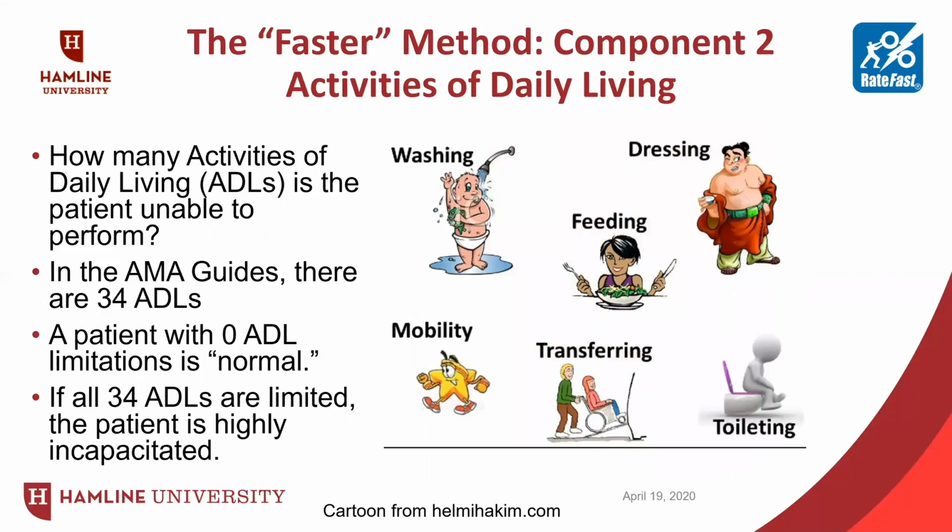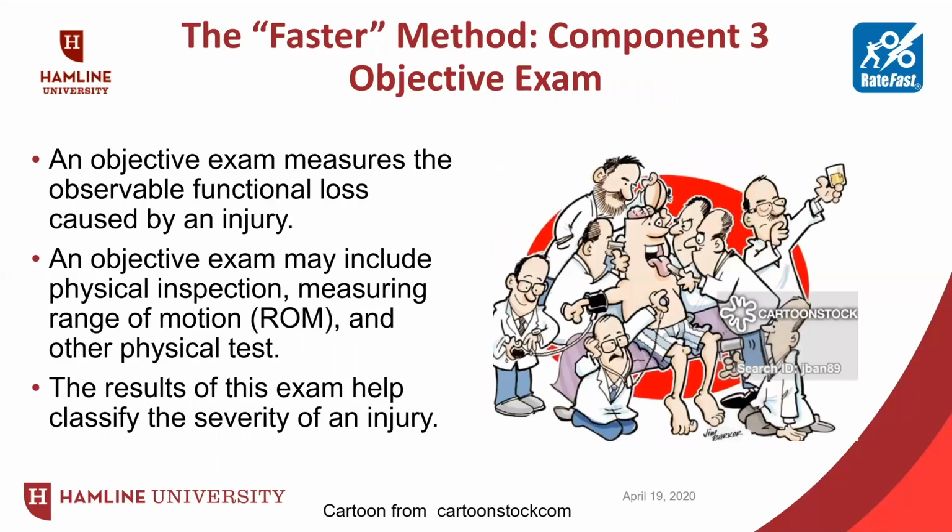The second is a statement of how many ADLs the patient is unable to do. Normally there are 34 of these, but we'll ask only the most popular of these and then extrapolate over the entire 34, again to save us and the examiner some time.